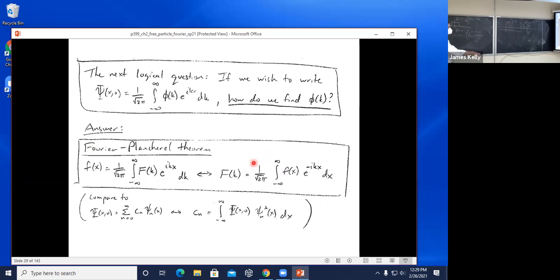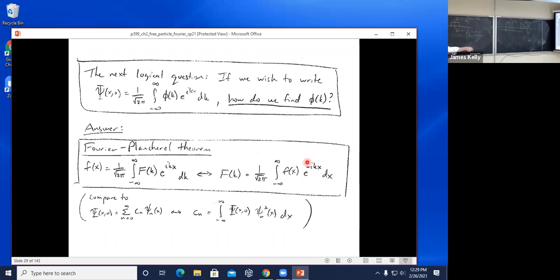What you do is you need another factor of 1 over root 2 pi out in front, and you multiply, just like I was multiplying by psi star here. Here our psi is inherently complex, e to the ikx. So when we stick our psi of x0 next to psi star, that star really matters. We need the minus sign in the exponent there.